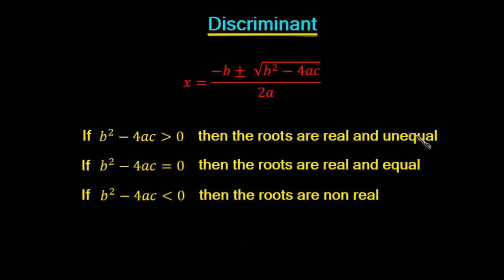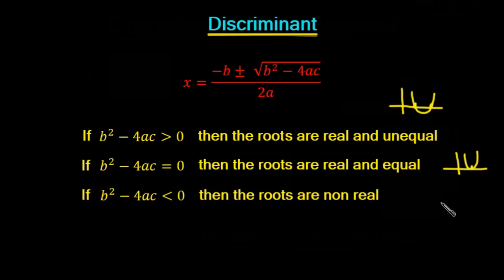So in this first condition here, we have the function crossing the x-axis at 2 points. So we've got 2 points here, the roots are real and they're unequal. In the second condition here, b squared minus 4ac equals 0, that meant that we had the repeated roots, so the function sat just on the x-axis.